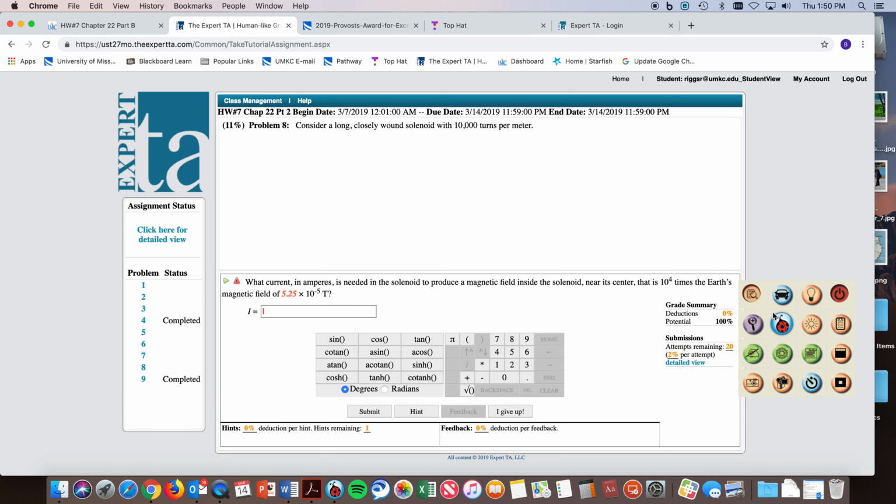So let's go back to this problem. It says consider a long solenoid with 10,000 turns. Oh, they gave us N. How hard is that going to be? What current is needed in the solenoid to produce a magnetic field inside, near its center, that is 10 to the 4 times the Earth's magnetic field?